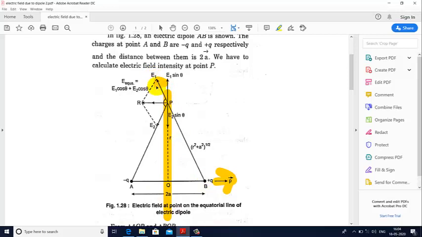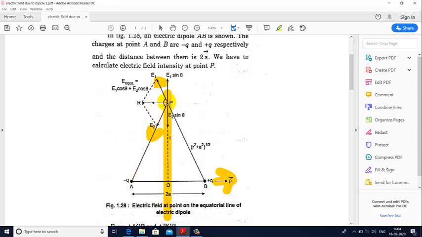Next, the direction of the electric field at point P due to the charge minus q is shown by this arrow, and this electric field is represented by E2.